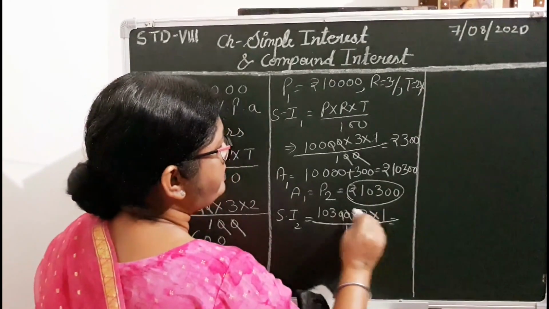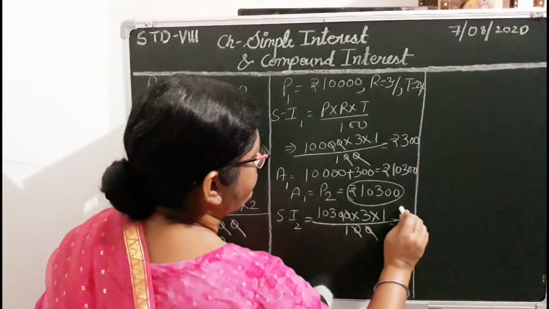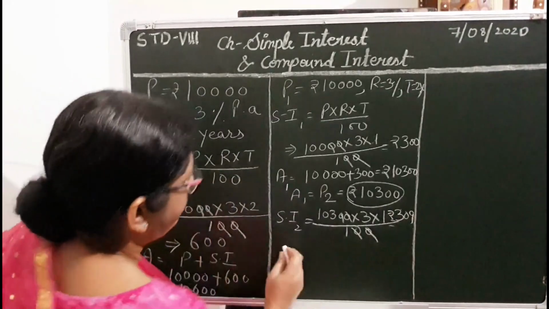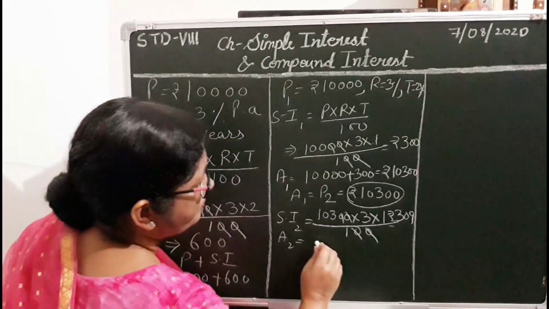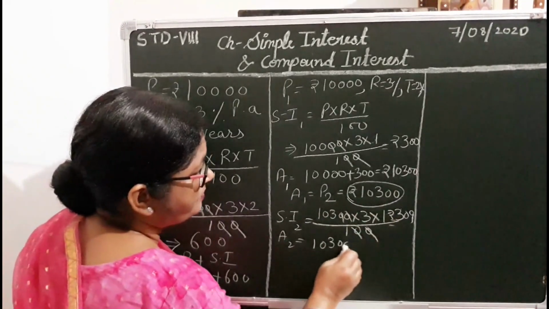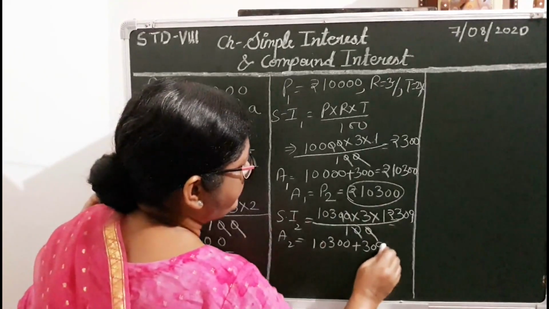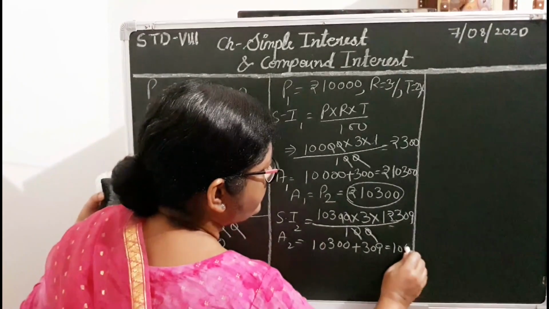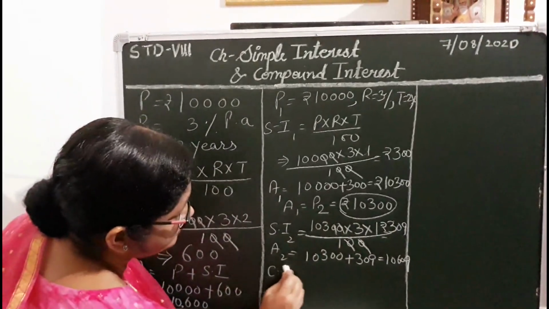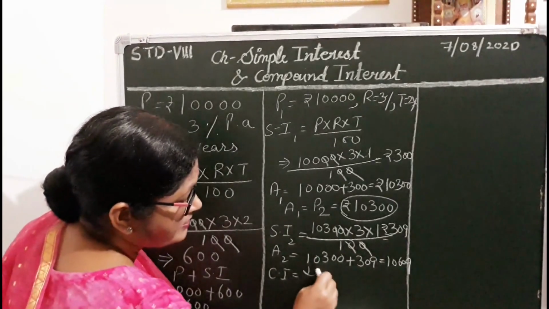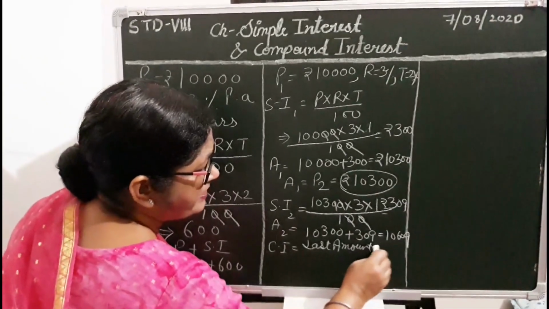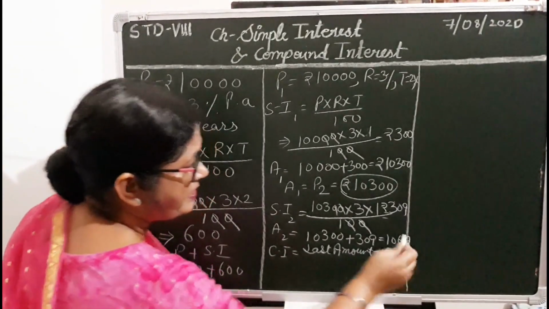Means 3 3s are 9, 3 1s are 3, 309 rupees is SI2. Means amount 2 is principal plus SI. Principal 10,300 plus 309 means 10,609.